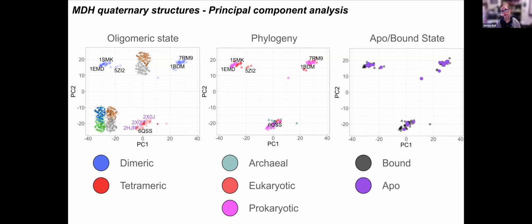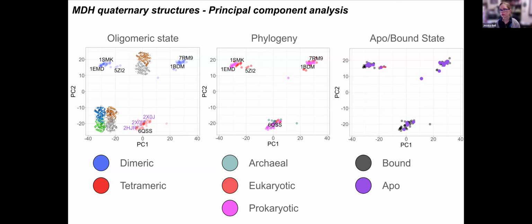We can apply other criteria to these PCA clusterings. If we look at phylogeny, do they separate based on how evolutionarily distant they are? It doesn't appear that, although all of the archaea tend to be in this cluster down here. And then also with differences in the dynamic loop, are they being mediated by having substrate present, nucleotide present, or having both present? And it looks like not really.